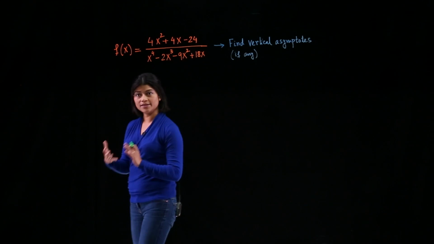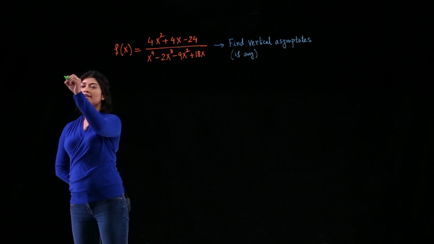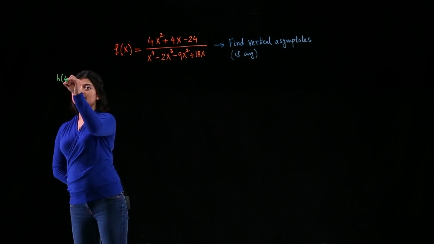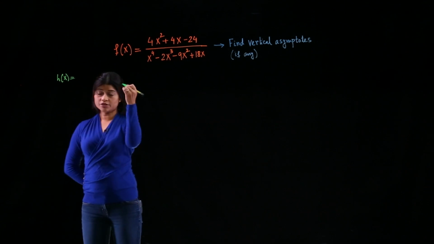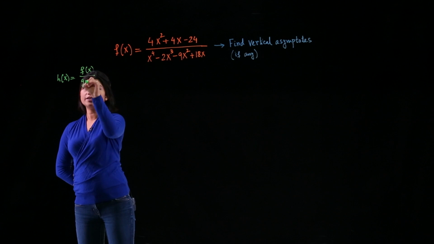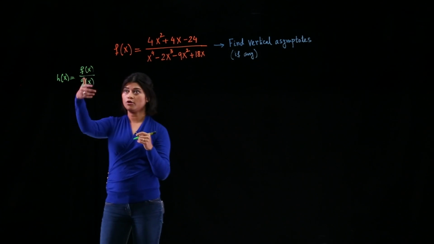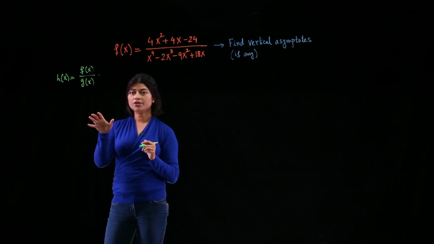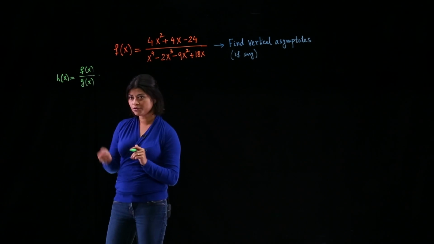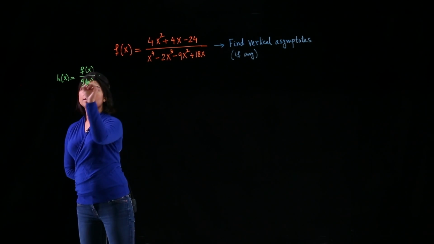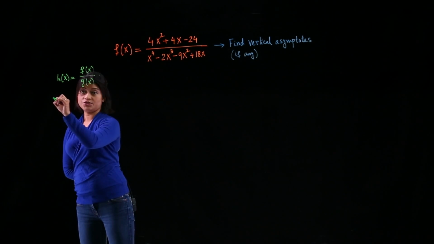So we have this little theorem that says that if you have a function, say h of x, and it's a rational function, so it has f of x over g of x, this is the expression, then we can find the vertical asymptote pretty easily. We have to check if there exists some point where the denominator is 0.